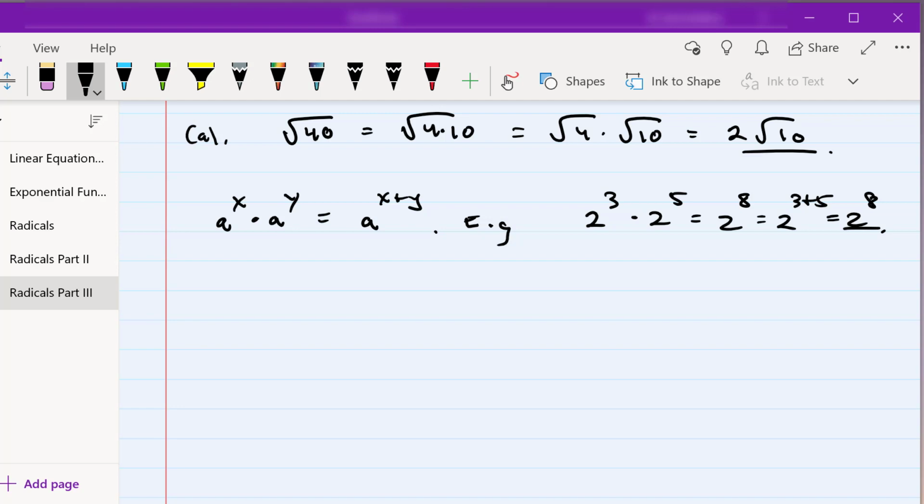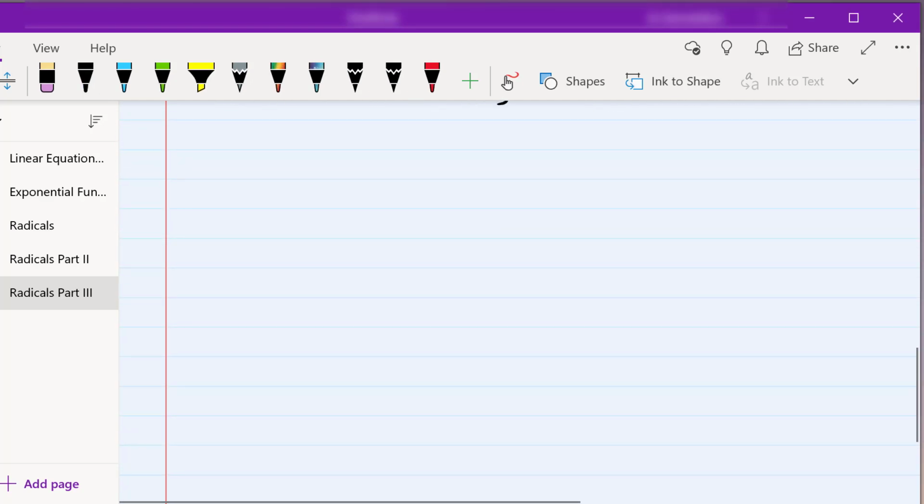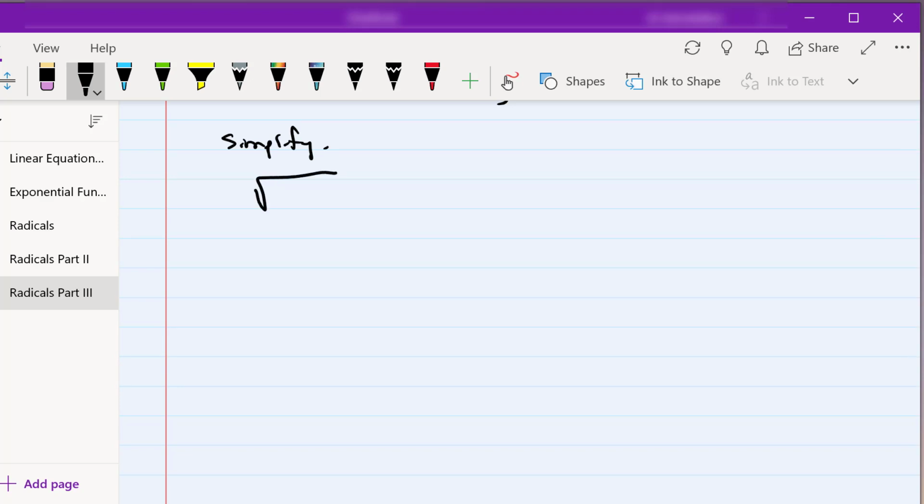Let us look at a more complicated problem. If we were asked to, for example, simplify the square root of 16 multiplied by x to the 4th multiplied by y to the 8th, we can rewrite this as the square root of 16 multiplied by the square root of x to the fourth y to the eighth.